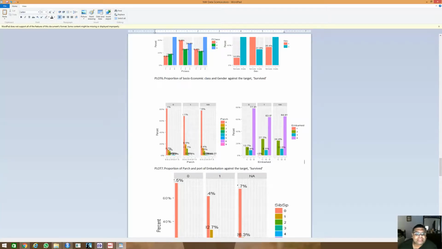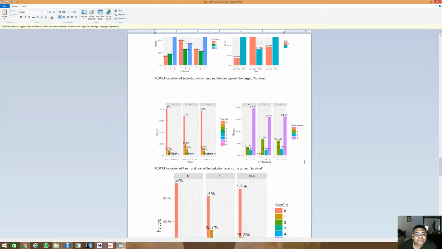Now, if you look at the percentage of people who survived who have a parent-child relationship aboard, as we go from 0 to 1 to 2, the survivability increases.